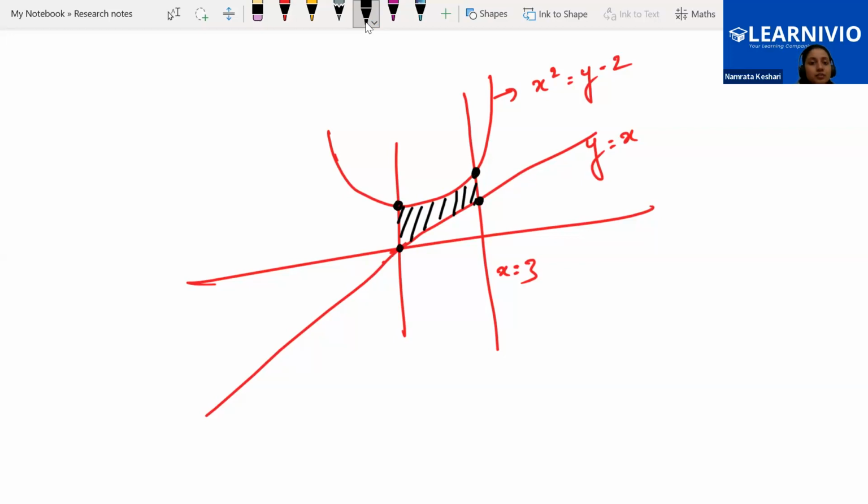We know this one, you don't have to find it, Murtaza. This one is the shifted vertex. We know that it has to be (0, 2). Okay, this one: x is 3 and what is y?